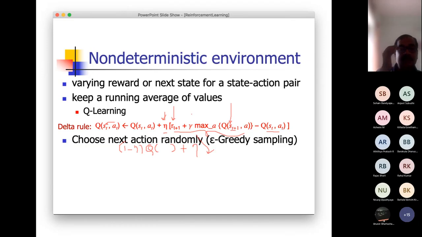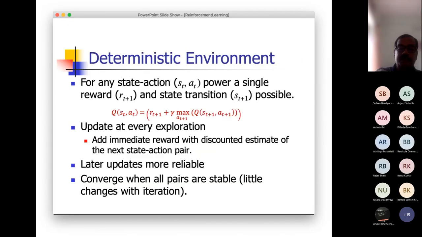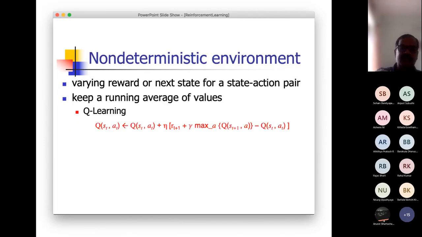One thing is that when you are computing the next action, because it's an exploration, you also have to have a certain policy: which action you should explore. Naturally, the idea would be to choose the action which is giving the maximum return so far at that state.